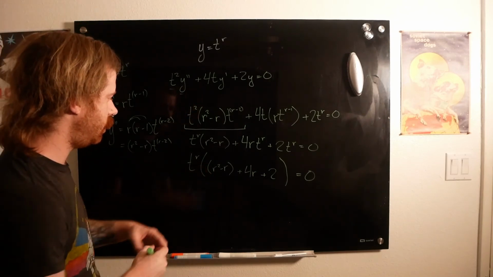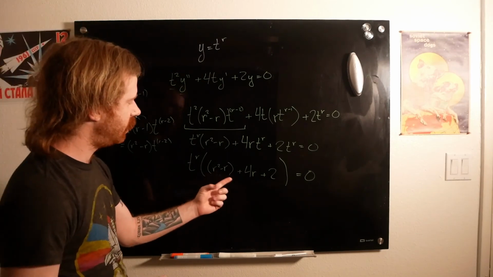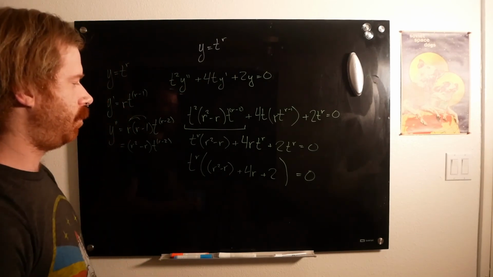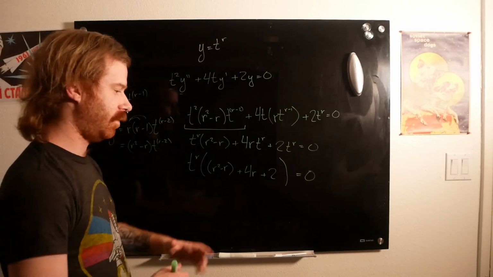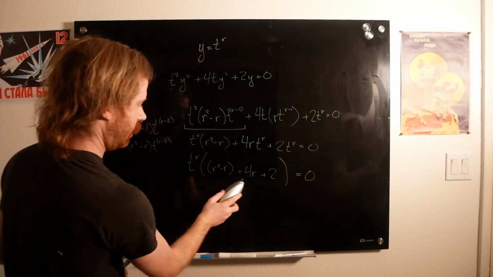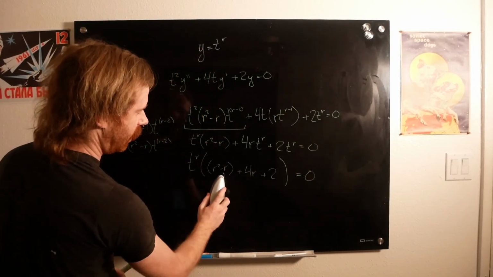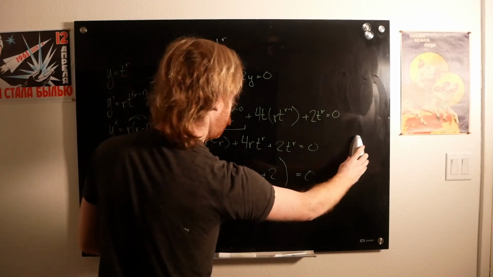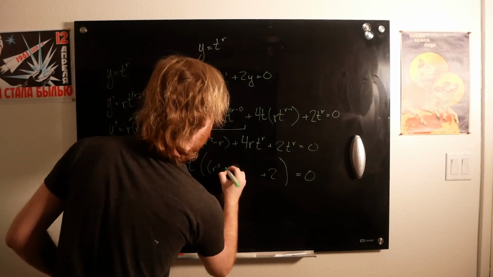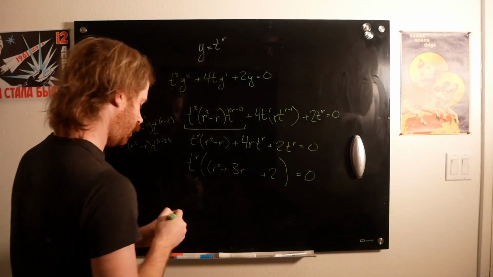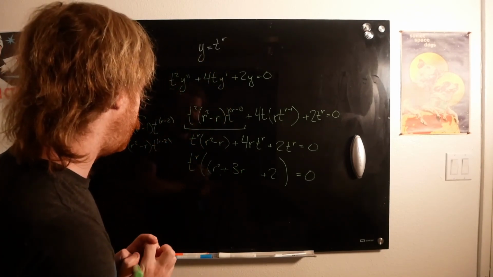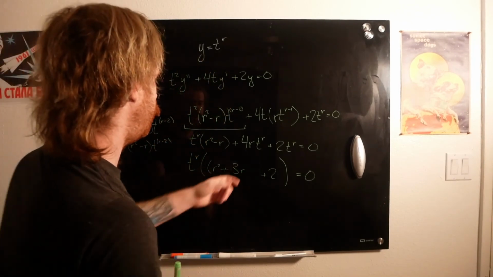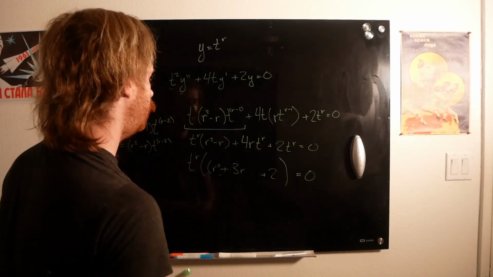Let's do this negative r and this positive 4r. Since I'm running out of room, I'm just going to rewrite it. 4r minus 1r is going to be 3r. So plus 3r and then plus 2.